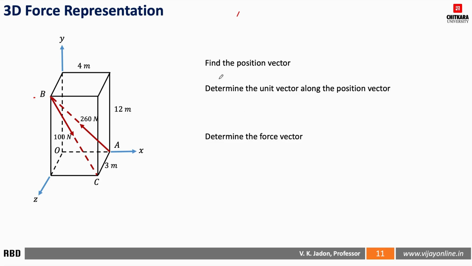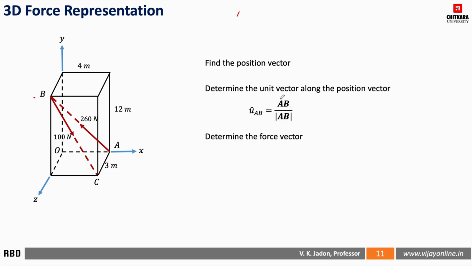So as we know, let us assume that we have some force vector AB, and the unit vector of this will be represented by small letter u with a cap. So u cap AB is the unit vector of position vector AB.